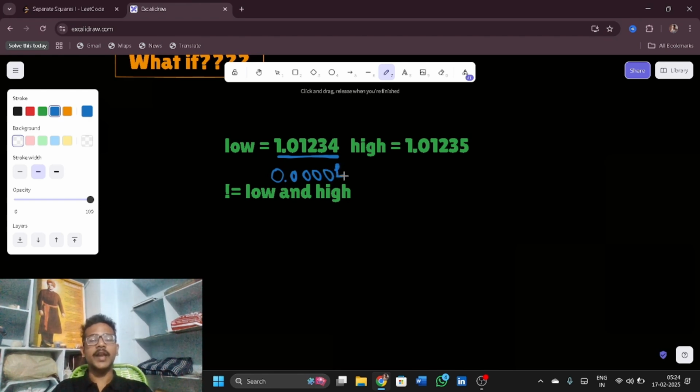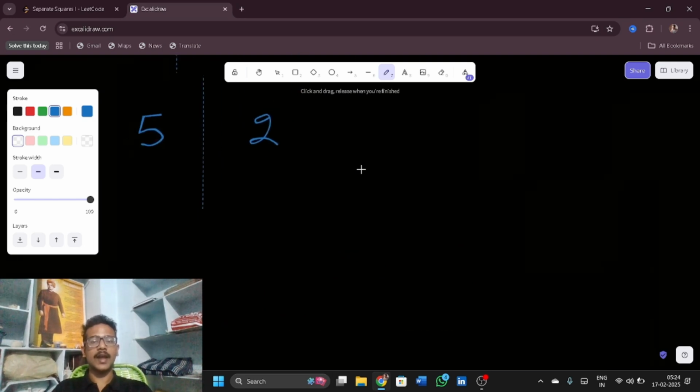This is negligible, so that I am trying to make the low and high values equal. And also, if I am adding to low, I need to remove this from my high: 0.00001. So I remove this from high and add it to low.